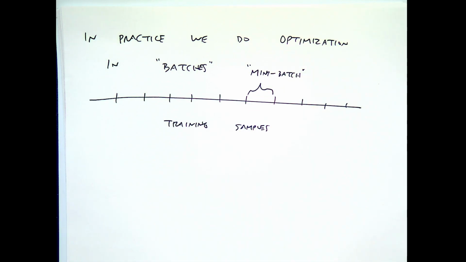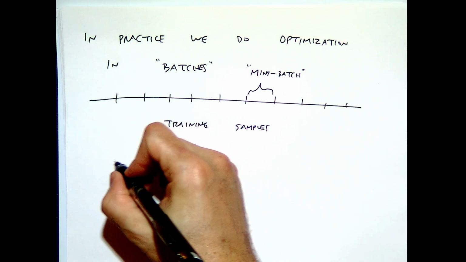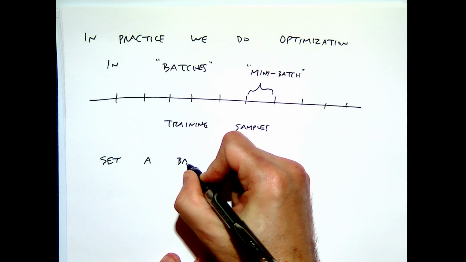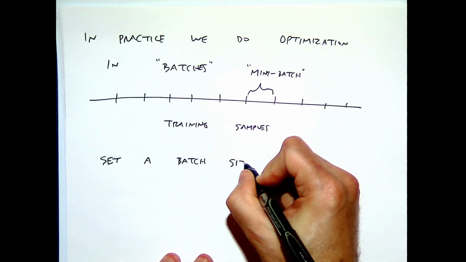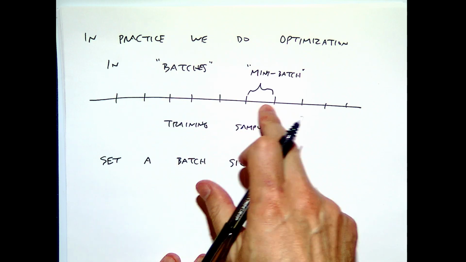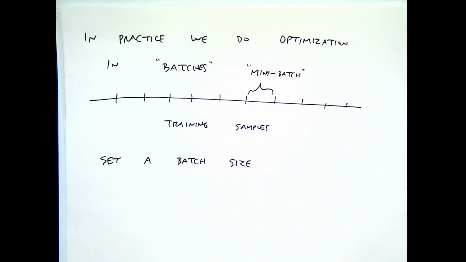To be honest, I'm not exactly sure why they don't just call it a batch. But anyway, the size of this thing is what you see called the batch size, right? So we also typically set a batch size in optimization. And then I keep iterating through these non-overlapping batches until I've gone through all the data once. And going through all the data once is called an epoch, right?